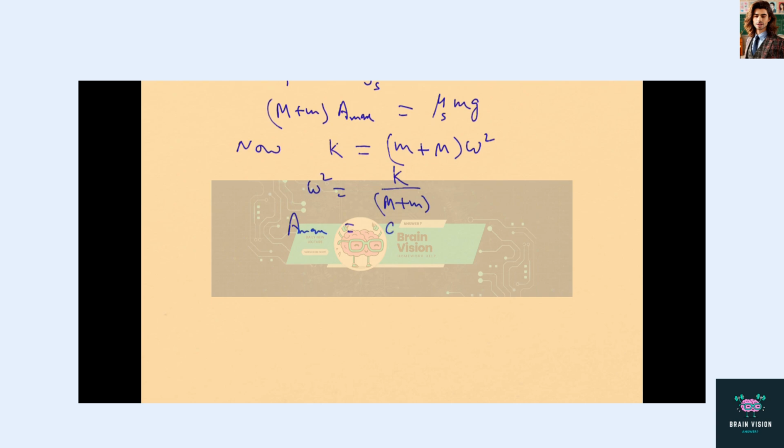So finally, using this equation, we get M plus m multiplied by A max, that is A k divided by M plus m, should be equal to mu s times mg. So cancelling this M plus m.